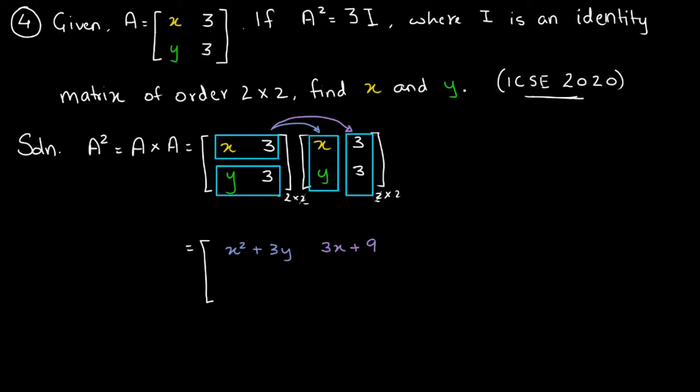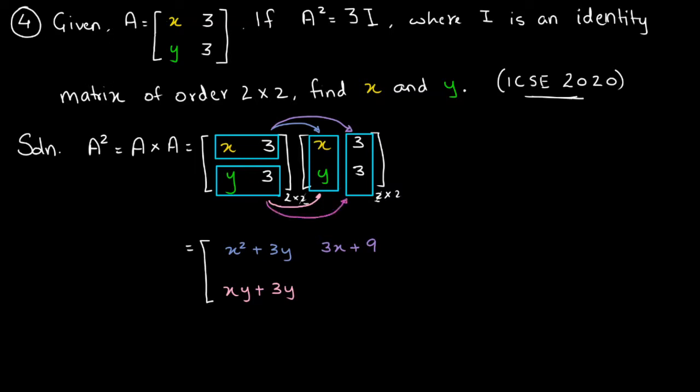Let's go on to the second row elements. For that, we'll first consider the second row, first column multiplication, right? So y into x will give me xy, and 3 into y is 3y, so xy plus 3y. That's the second row, first column element. Now on to the second row, second column.